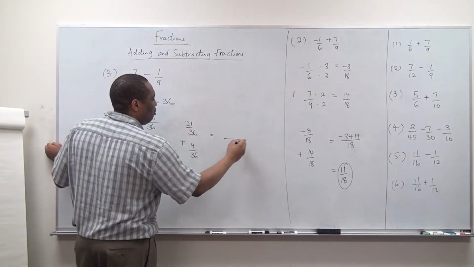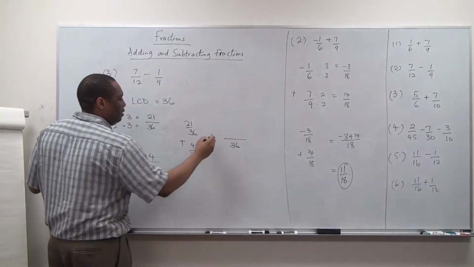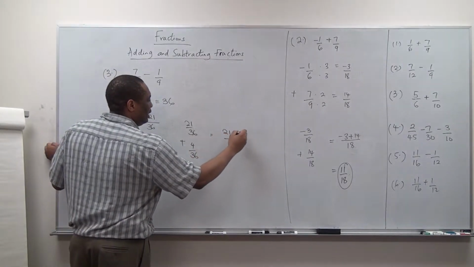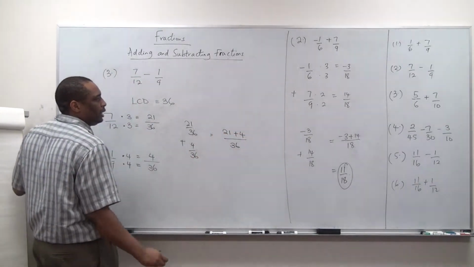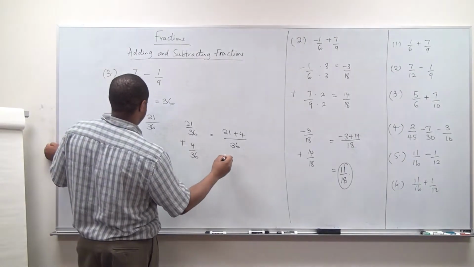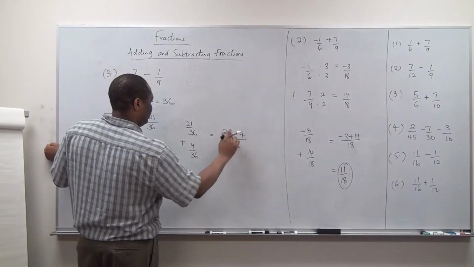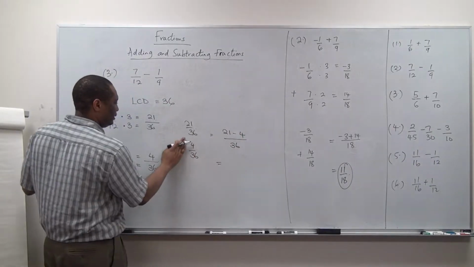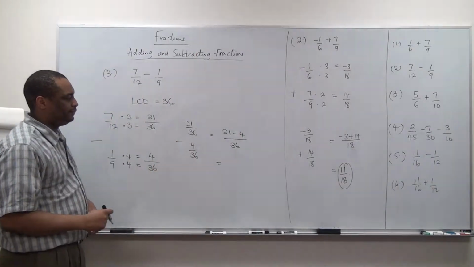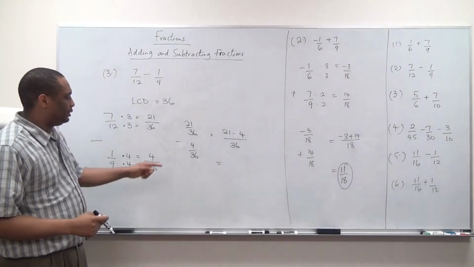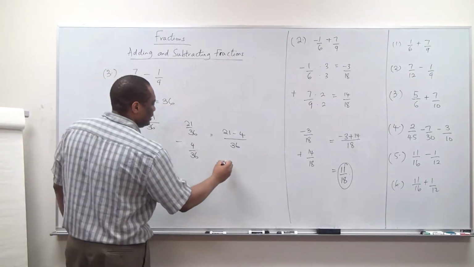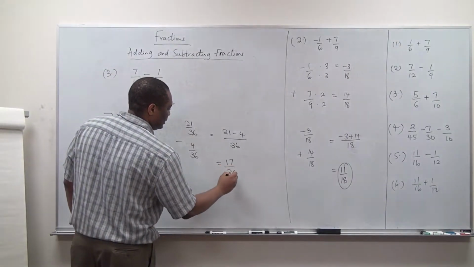You just bring down one of them and you now work on their numerators, 21 minus 4. I'm sorry, this is minus. 21 minus 4 gives you 17 over 36.